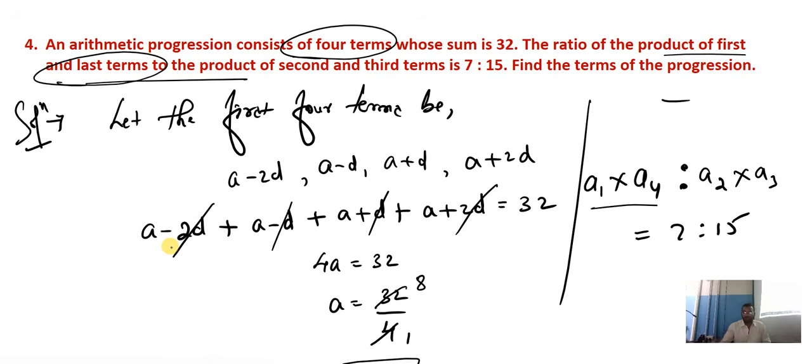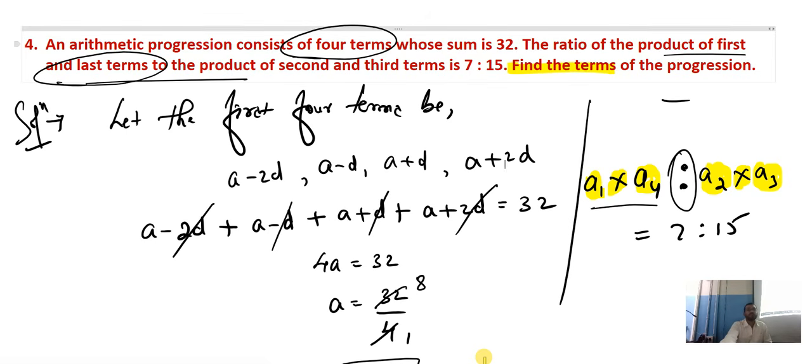The ratio of the product of first term and fourth term, that is last term, to the product of second term and third term is 7 is to 15. Now they are asking find the terms a1, a2, a3, a4 value. Clear?